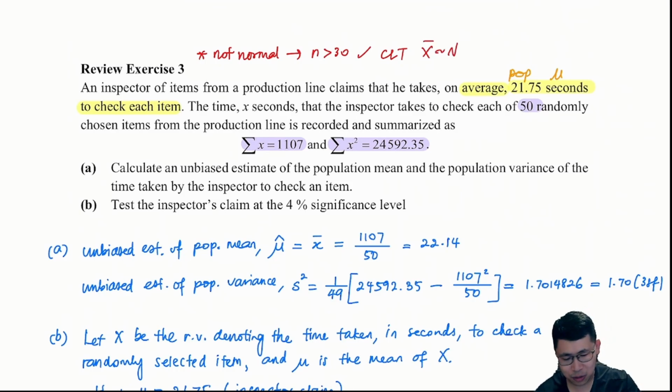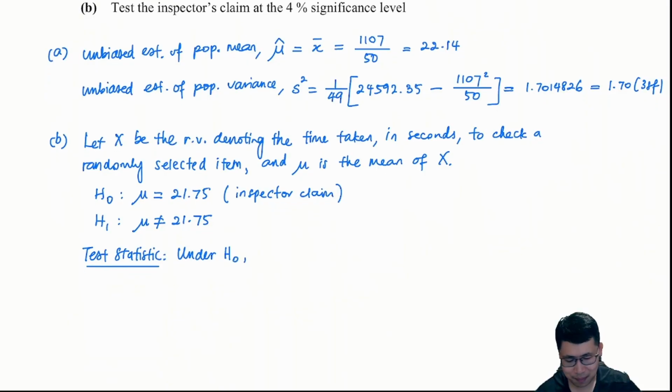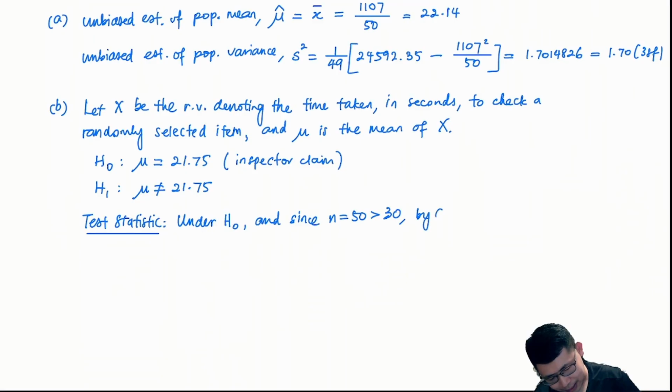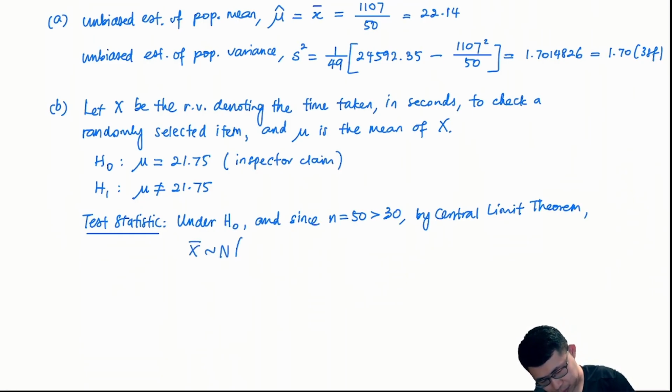Okay, so the idea is this. Under H naught, since n is equal to 50 and 50 is greater than 30, by the central limit theorem, our x bar will follow a normal distribution.